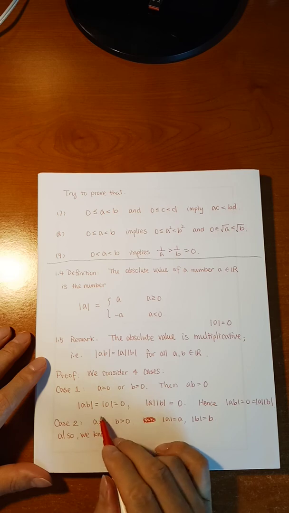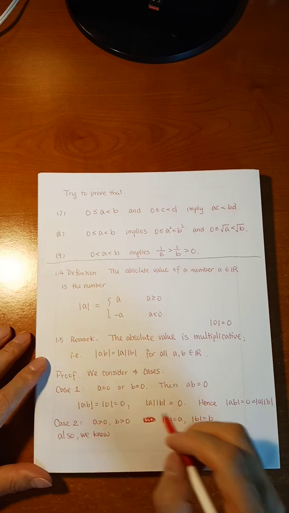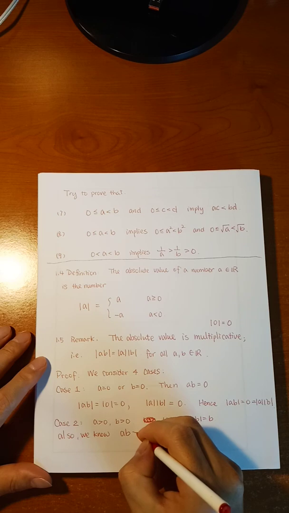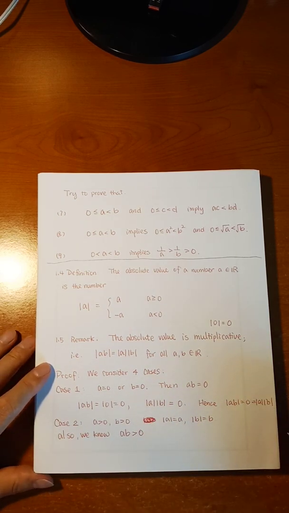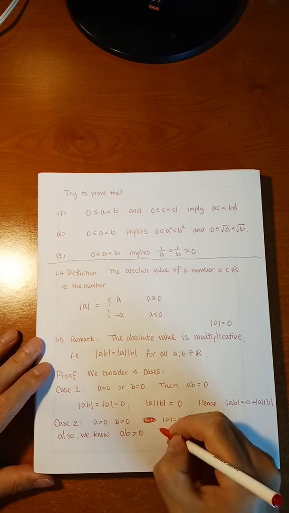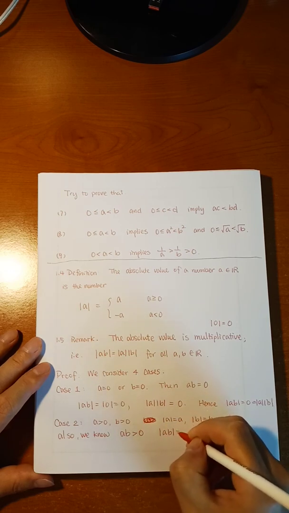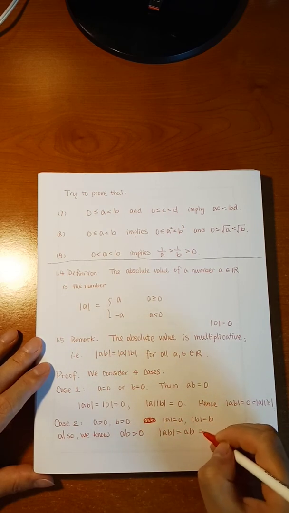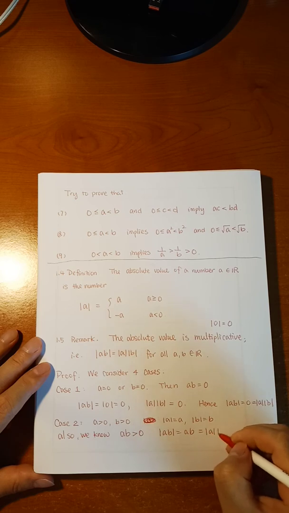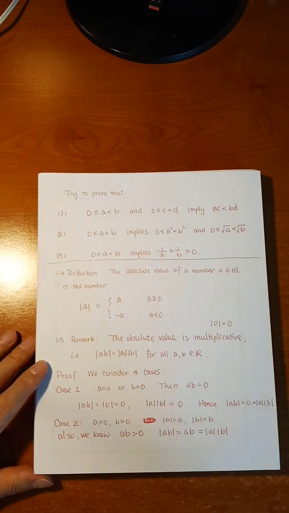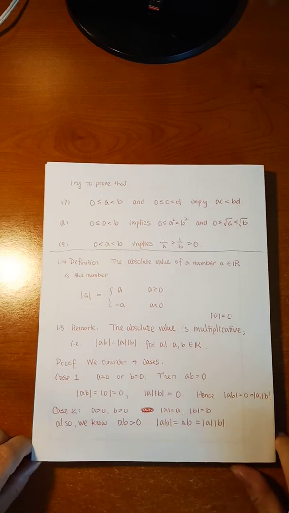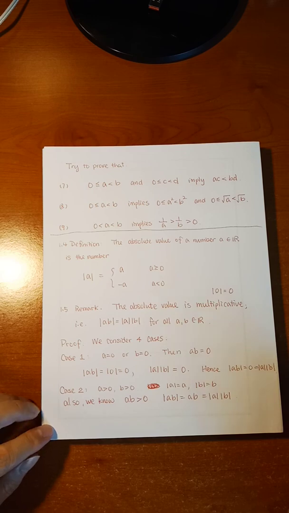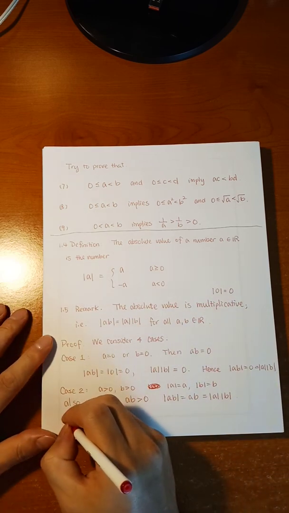You multiply the inequality by a positive number, you keep the direction. So we also know that the product a times b is positive. And then the absolute value of ab is equal to ab, which is equal to the absolute value of a times the absolute value of b. Right? It's a computation. It's not a step-by-step equation. It's not that way. All right?